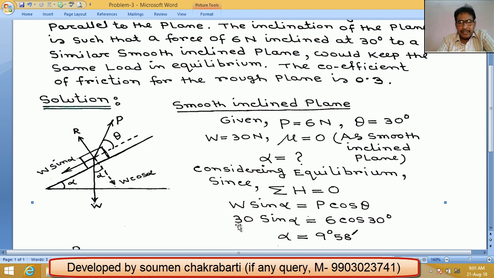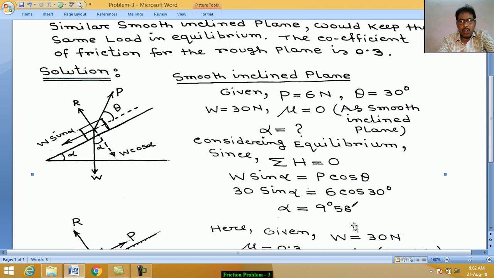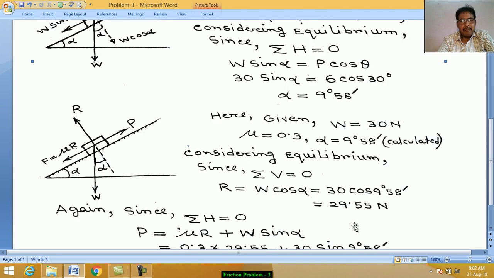Value of W 30 sin alpha equal to value of P 6 cos 30 degree, value of theta 30 degree. From this we find out alpha equal to 9 degree 58 minute. Okay, alpha found out. Now we solve the main problem.